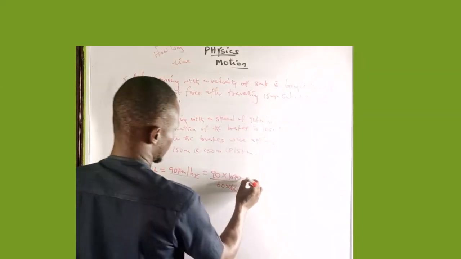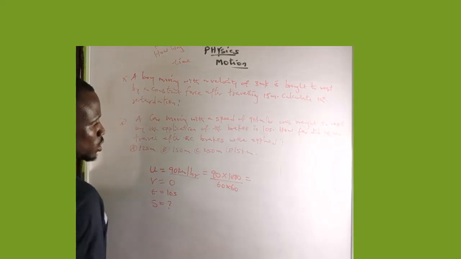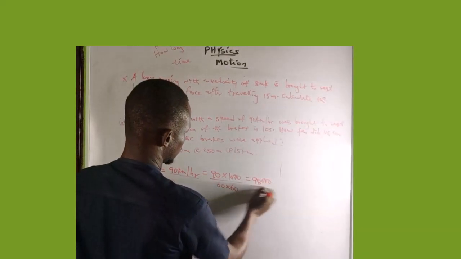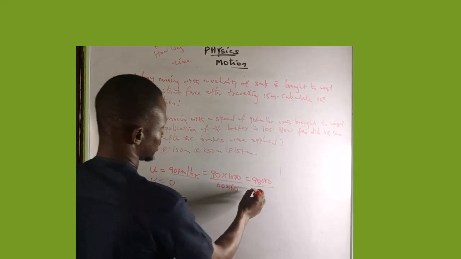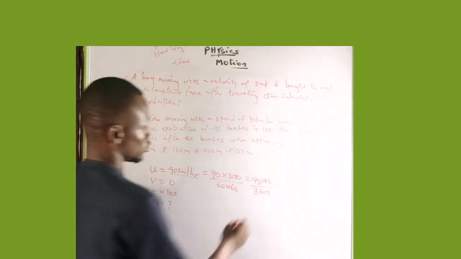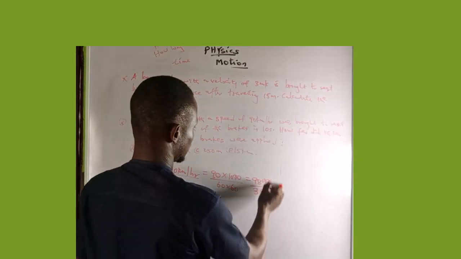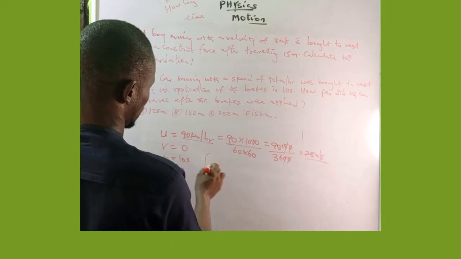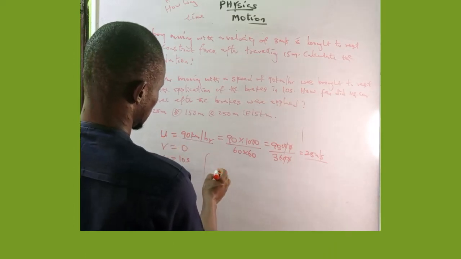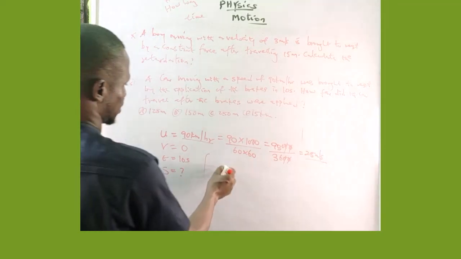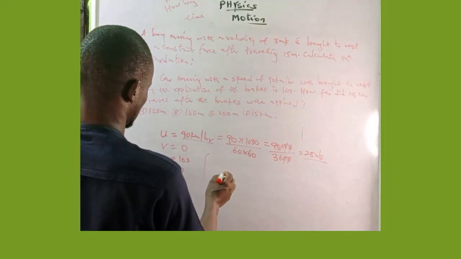So we're going to have 90 times 1000, which is 90,000, over 60 times 60, which is 3600. So we divide, and we get 900 divided by 30. This velocity becomes the velocity before it comes to rest. So having known this now, 25 meters per second, we now say that we are looking for s.